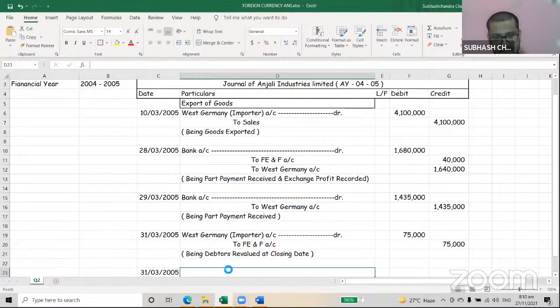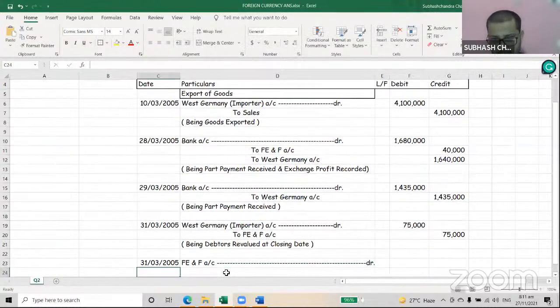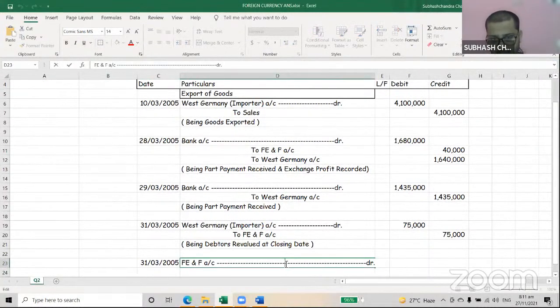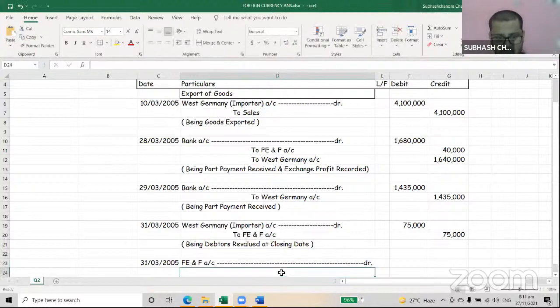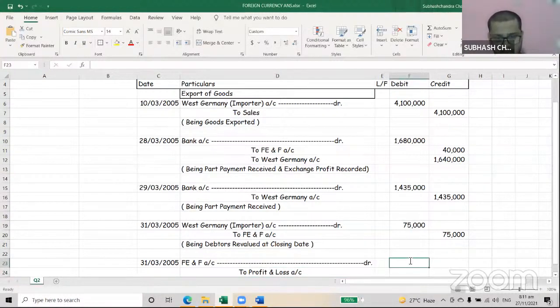FEF account debit, because it's profit. Profit means P&L should be credited. We need to transfer it to the profit and loss account. How much? It will be 1,15,000.